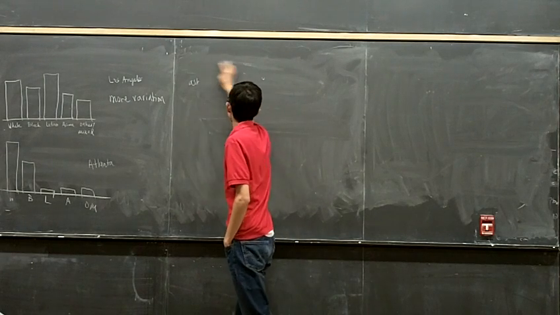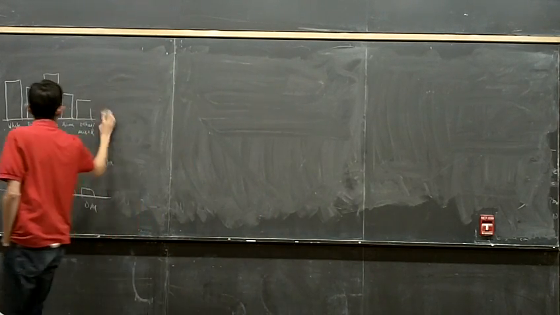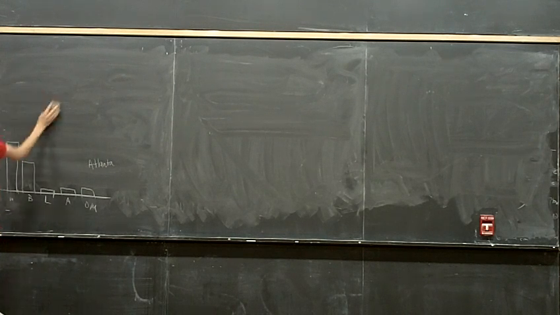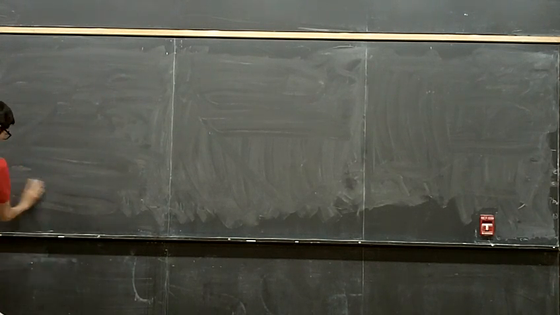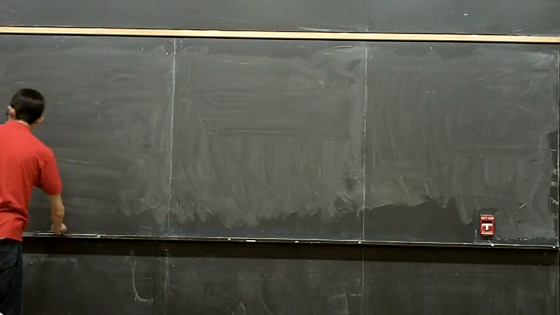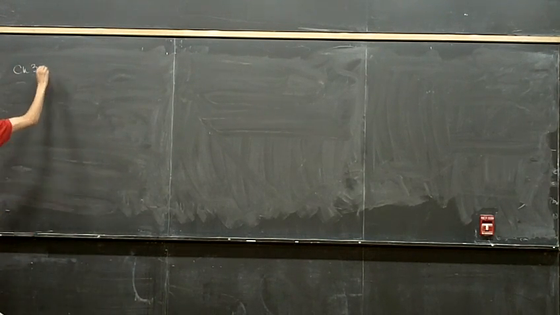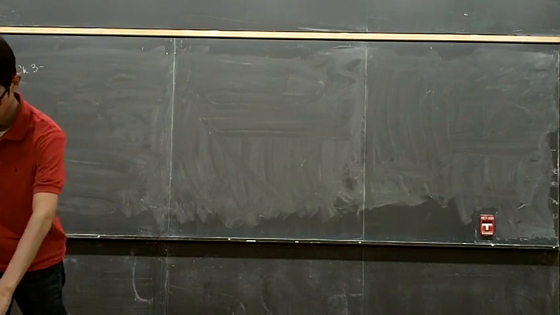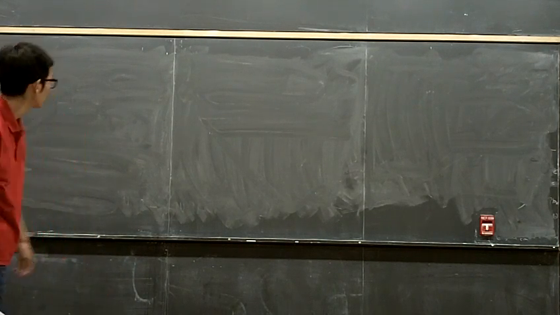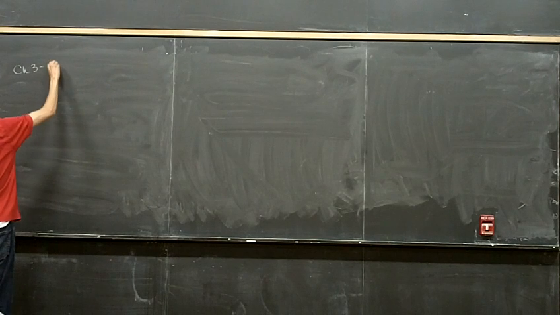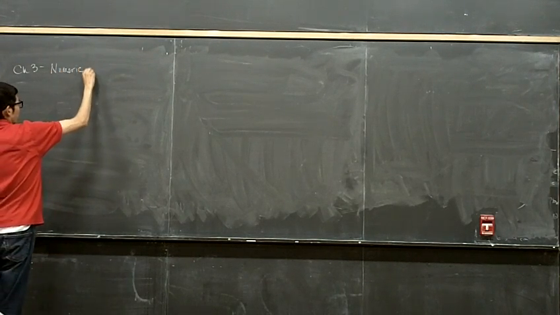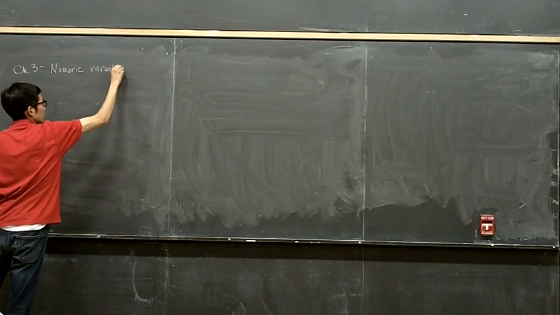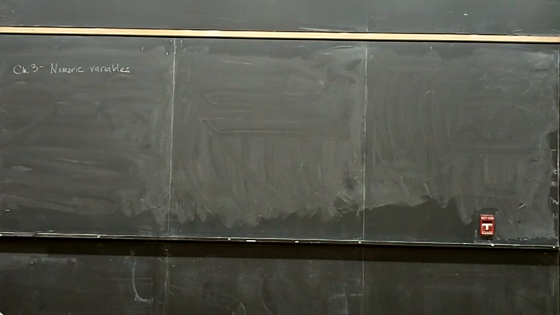We are now going to enter chapter 3. We're going to deal with numeric variables, and we are looking for summaries of center and spread.